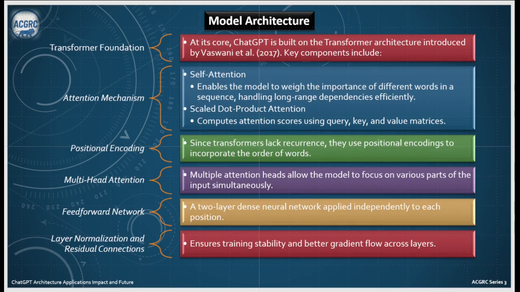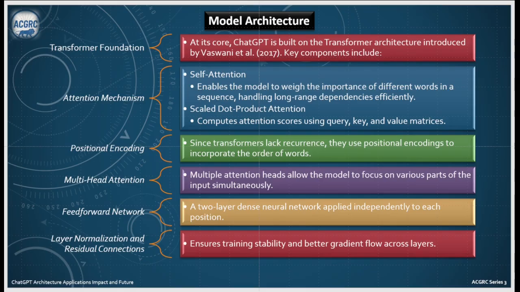Attention mechanism. It has two subsections, self-attention and scaled dot product attention. Self-attention enables the model to weigh the importance of different words in a sequence, handling long-range dependencies efficiently. Scaled dot product attention computes attention scores using query, key, and value matrices.